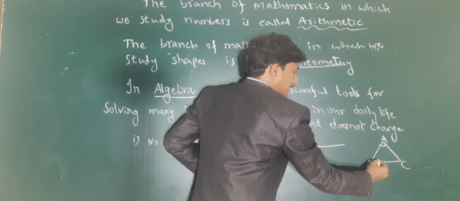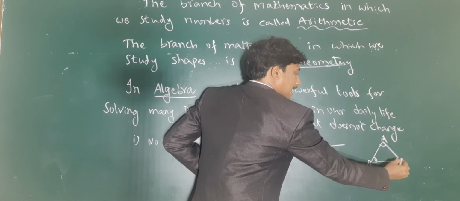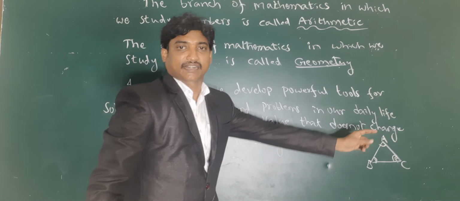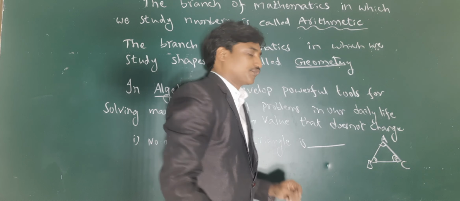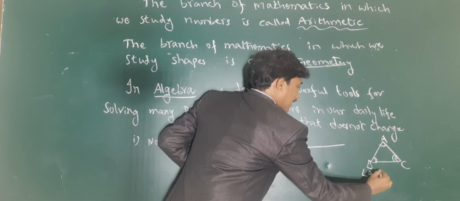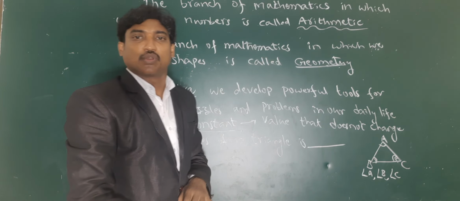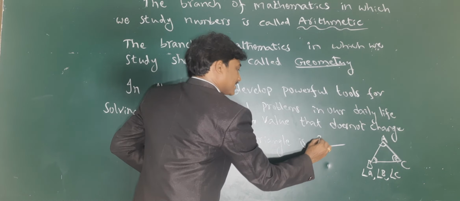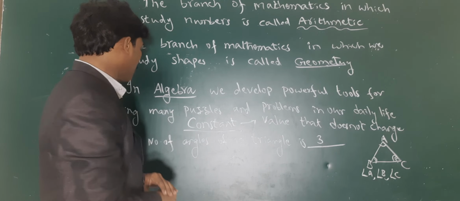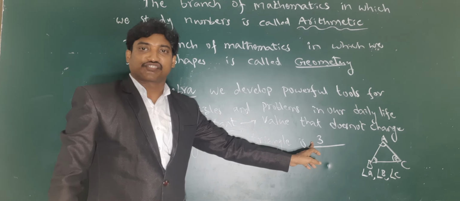Angle A, angle B, angle C. Three angles in the triangle ABC. 1, 2, 3. There will be only three angles. It is fixed for every triangle. So here 3 is a constant.